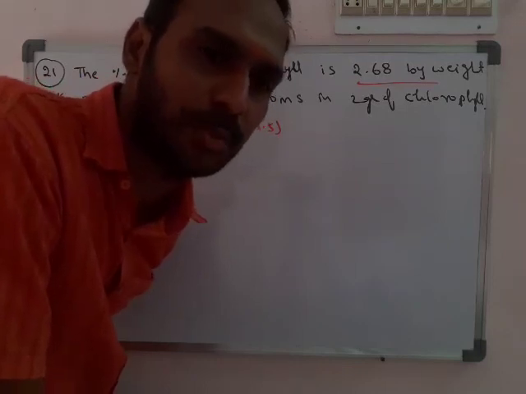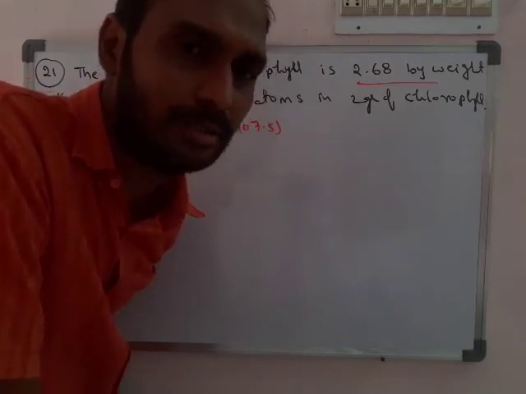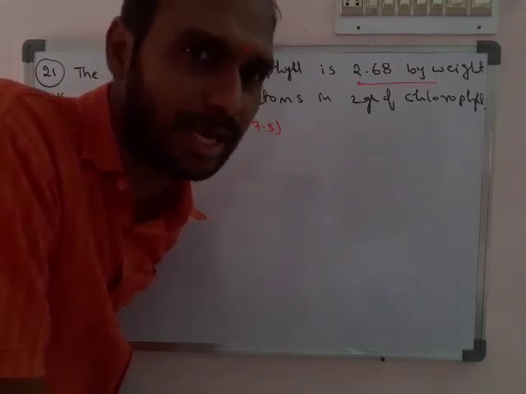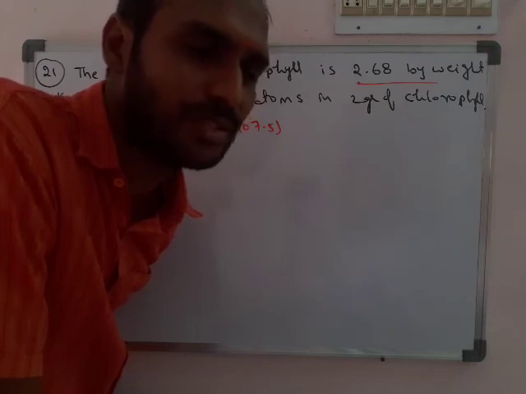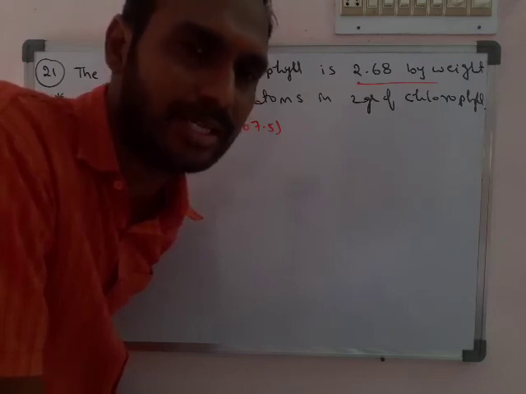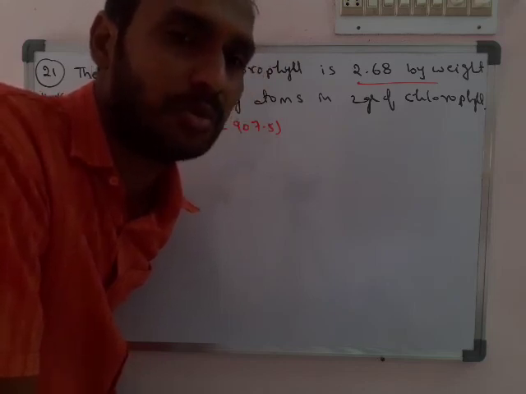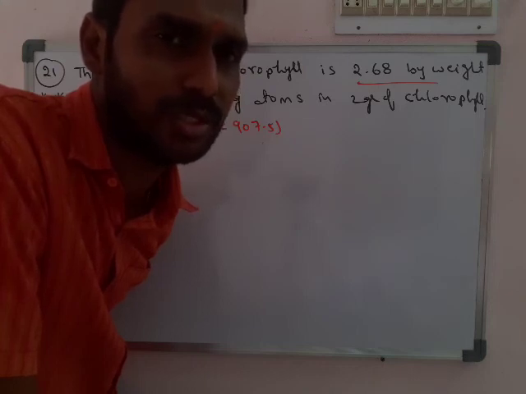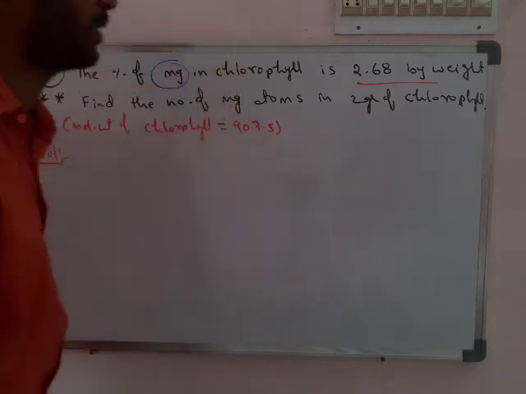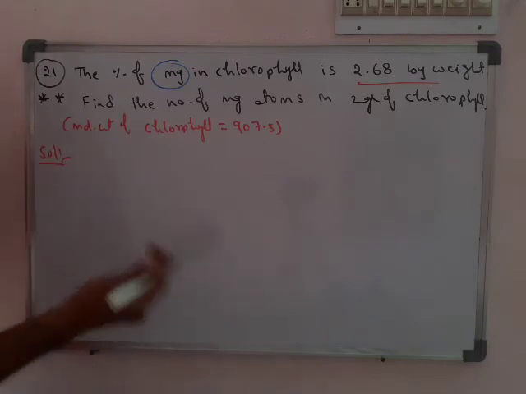Like in hemoglobin the central ion is ferrous, or ferric, not exactly, but an iron ion is there. But here in chlorophyll, the central ion is magnesium plus 2. Magnesium, there is no other possibility. So how many magnesium atoms are there?